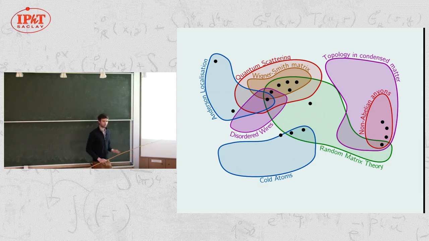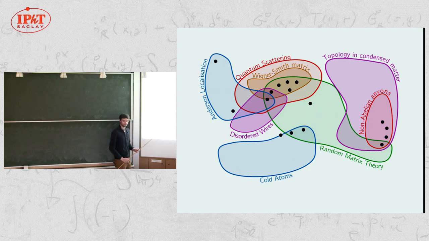Towards the end of my PhD, I moved to a slightly different field, which is cold atoms, and the reason is that we can use some of the tools that I've been using up there in random matrix theory in this other field of cold atoms. So it's different questions, but the same kind of tools that we could use in these two. That's how I jumped from here to here.